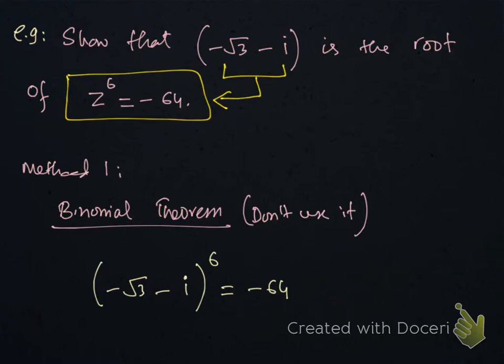Method 1 is the routine method, the binomial theorem, and never use this method for higher powers. According to this method, you need to expand using the binomial theorem, simplify, and then prove that both sides are equal. But this method is very lengthy, so never use it.